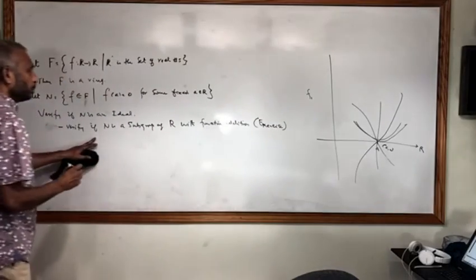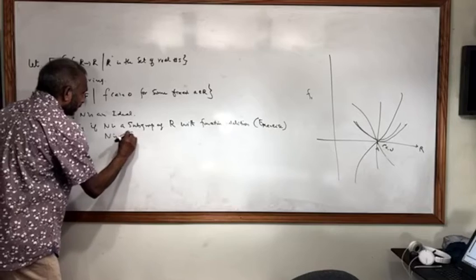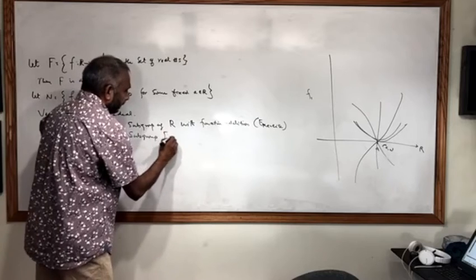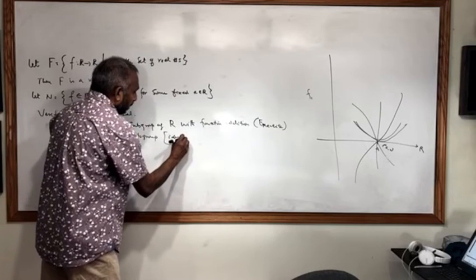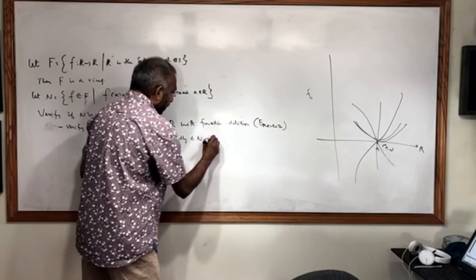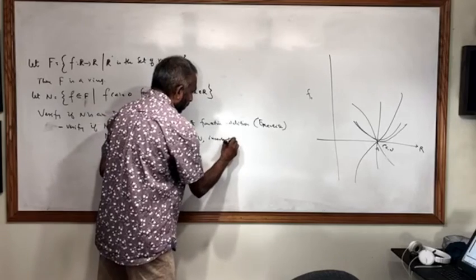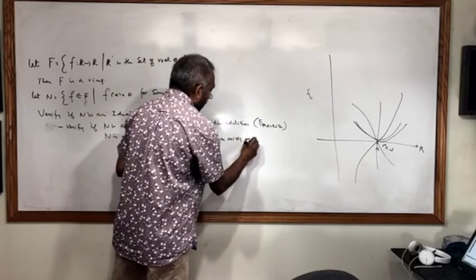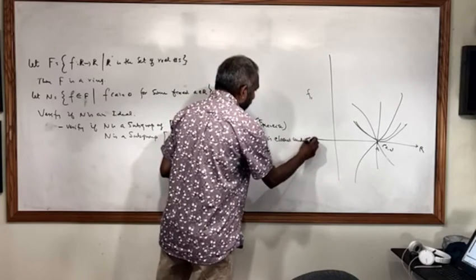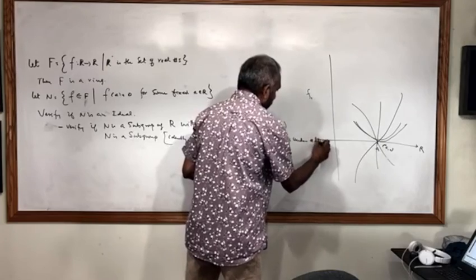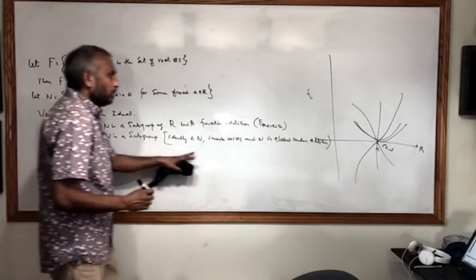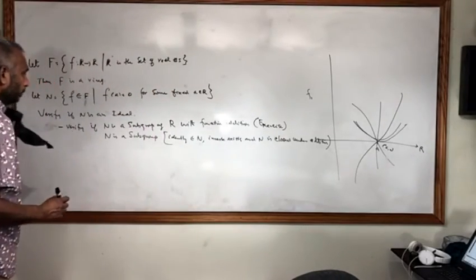And it is actually a subgroup. Things we need to prove are that the identity belongs to N, the inverse axiom, and that N is closed under addition. I am assuming that N is a subgroup.